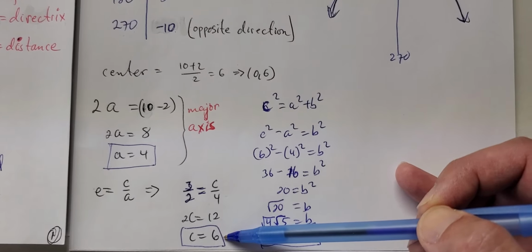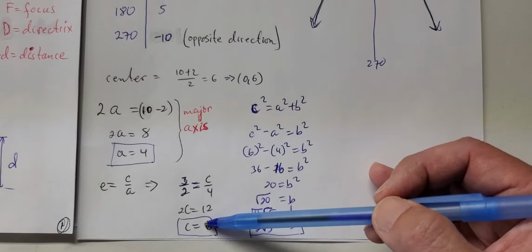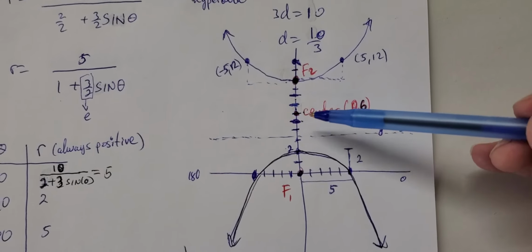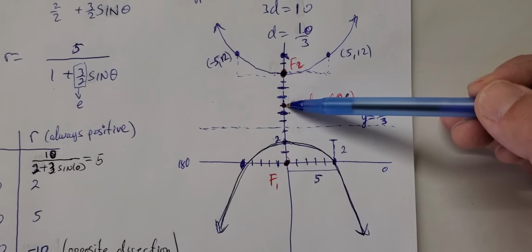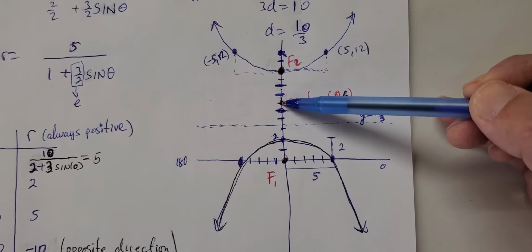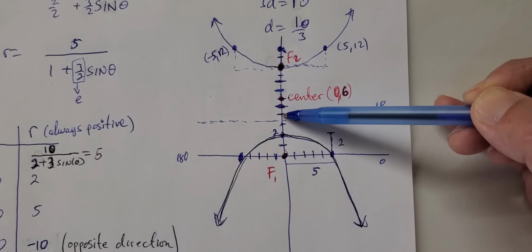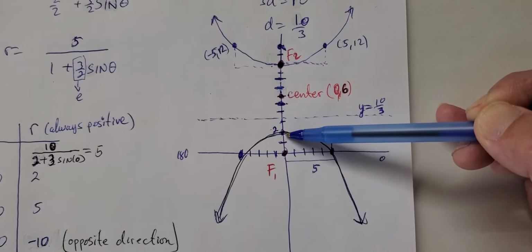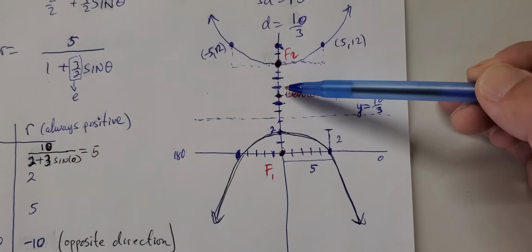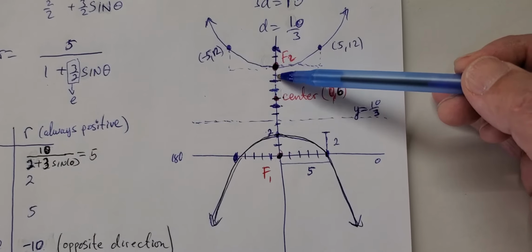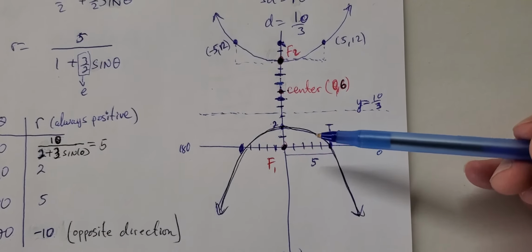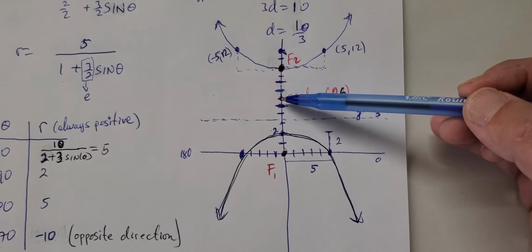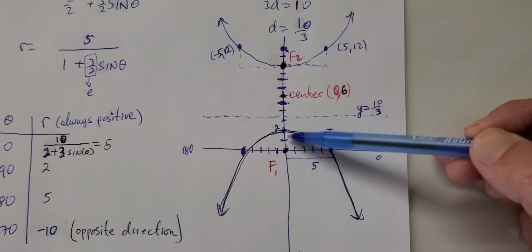C is 6. So where is this C? If you remember, C is always from the center to the focus. So count 1, 2, 3, 4, 5, 6. Going up 1, 2, 3, 4, 5, 6. So again, C is the distance from the center to the focus.